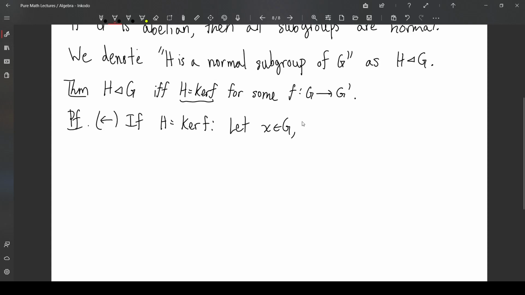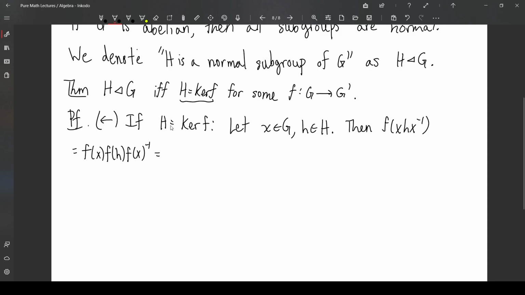So let x be in G and h in H, then f of xhx inverse is equal to f of x, f of h, f of x inverse.